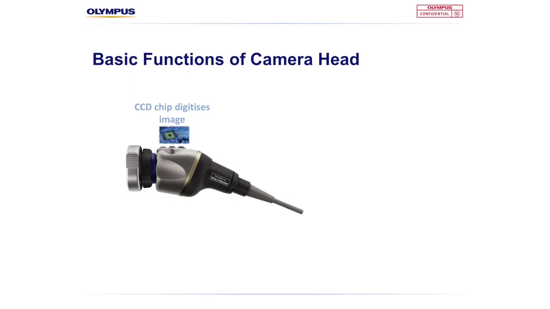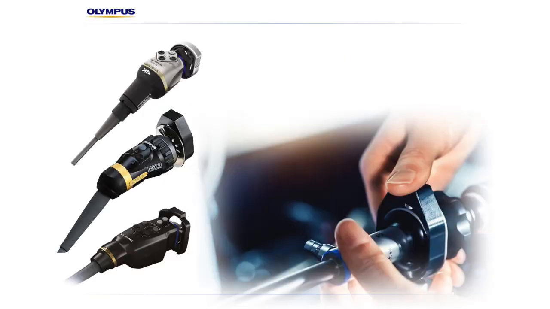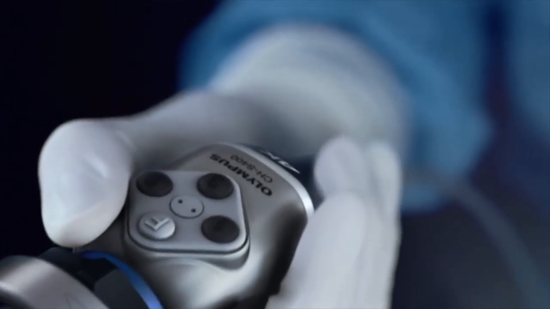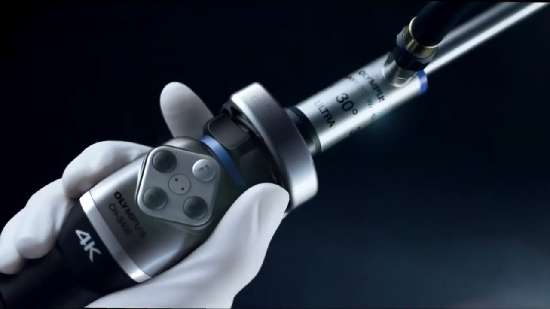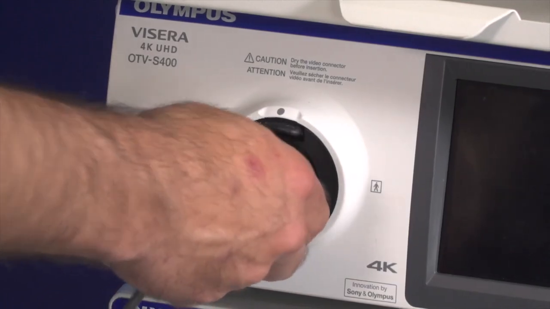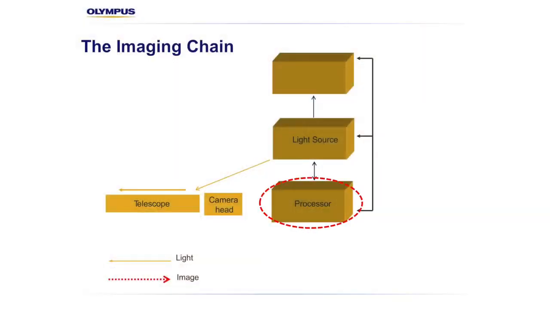The chip then digitizes them, turning them into an electronic signal. Camera heads come in various shapes, sizes, and capabilities, depending on their intended use. Camera heads are ergonomically designed to sit in the operator's hand comfortably, whilst the electronic cable carries the signal back to the tower. This leads me to the next component of our imaging chain, the processor.